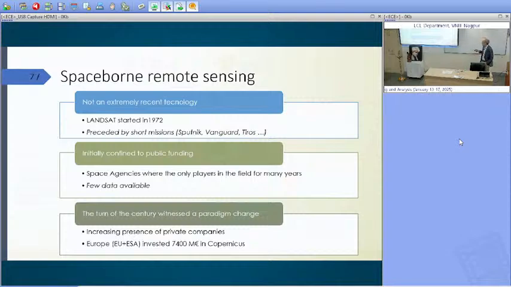But this was true until the end of the last century. With the start of the current century, the situation started changing, with an increasing presence of private companies. Why?